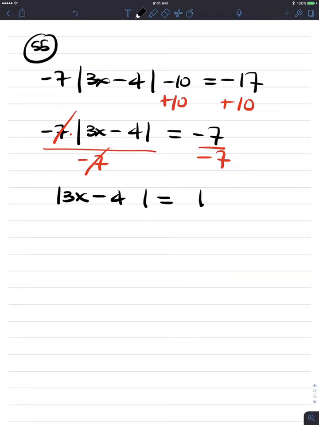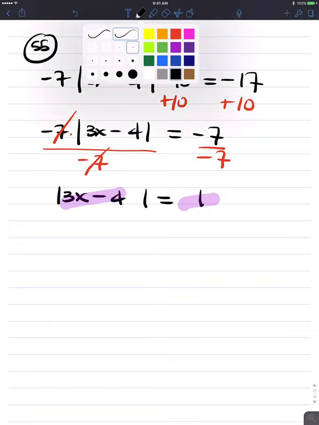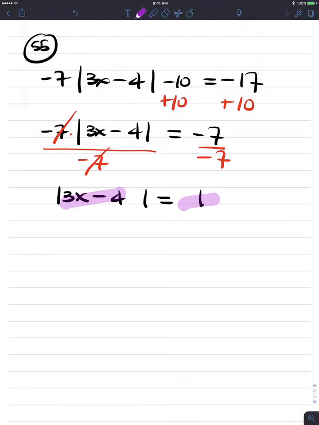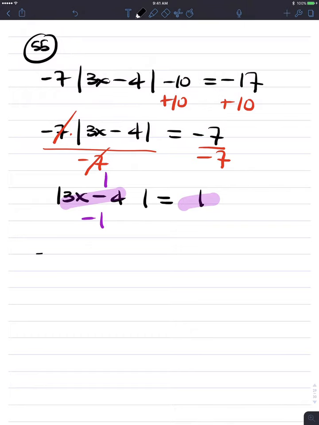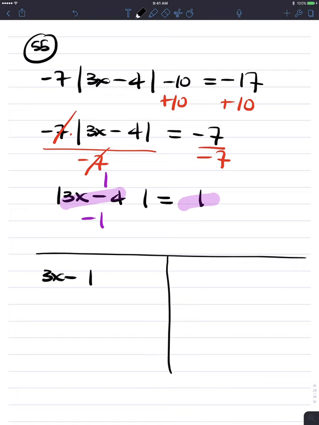We have solved for the absolute value. And we can notice now that the 3x minus 4 is a positive 1, and this means in one case it's positive 1, and in the other case that 3x minus 4 is negative 1, because the absolute value of both of these numbers is positive 1. 3x minus 4 is positive 1. 3x minus 4 is negative 1.